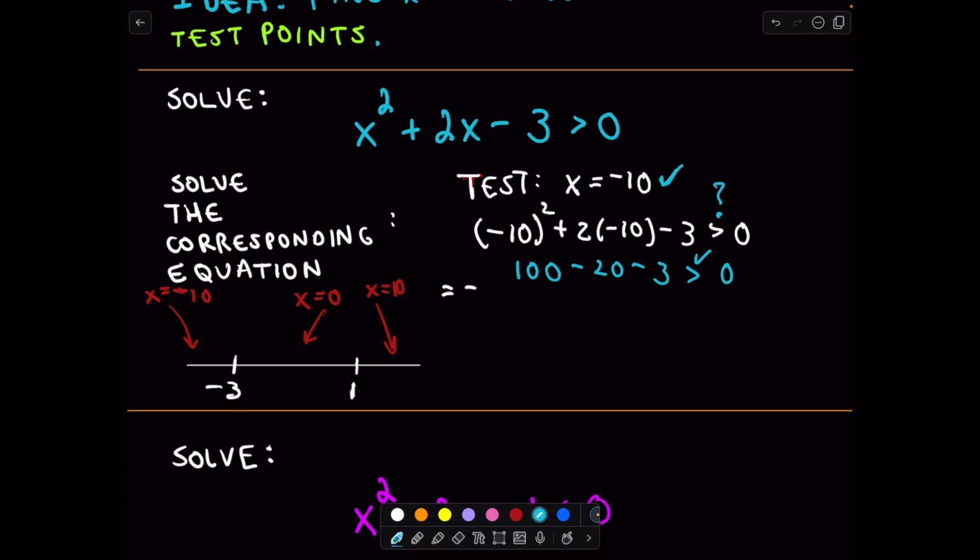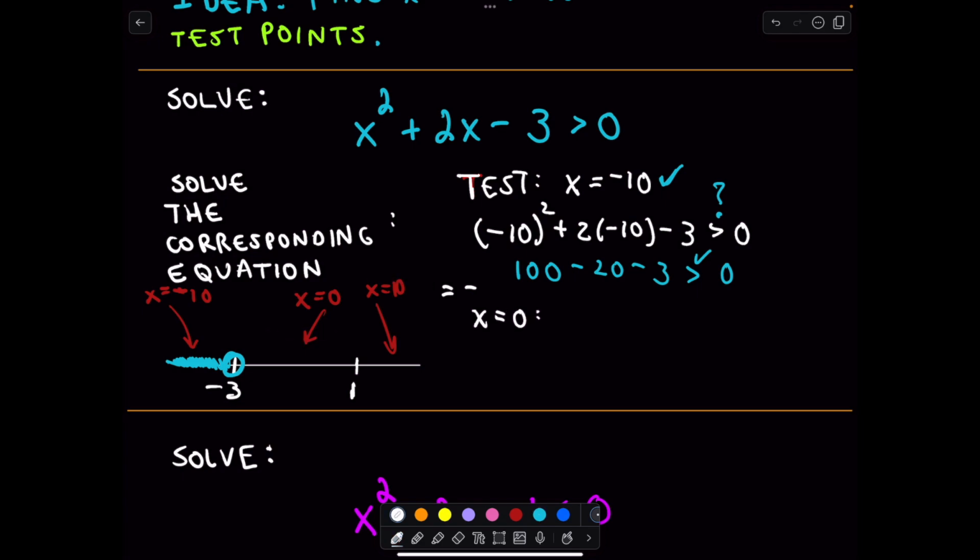Well, negative 10 came from this interval of numbers. If negative 10 works, it means that every number over there actually works. So I'm going to shade it in. Notice negative 3 won't work because that's where it equals 0, but we want numbers that are greater than 0.